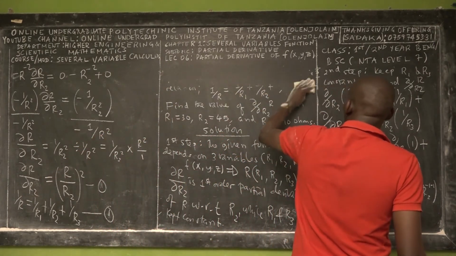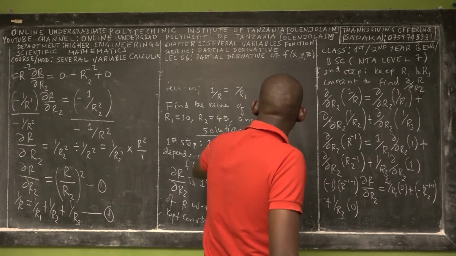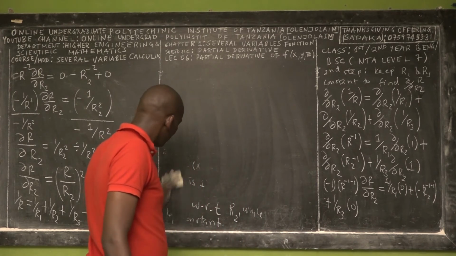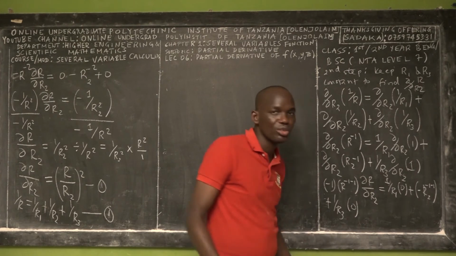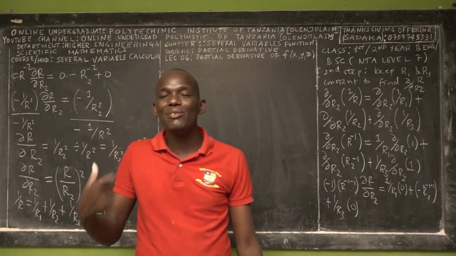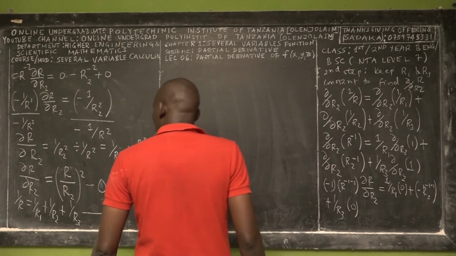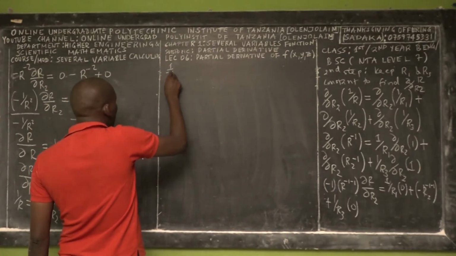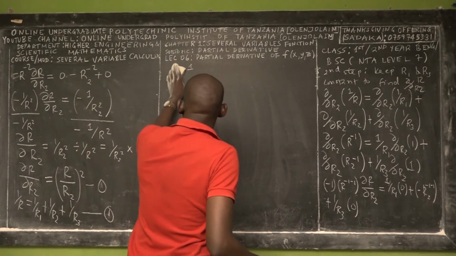So we go for the next step, and this is the steady state. I believe that you're enjoying the beauty of higher engineering mathematics, of several variable calculus, and of partial derivatives of several variable functions. So here we go for the steady state.